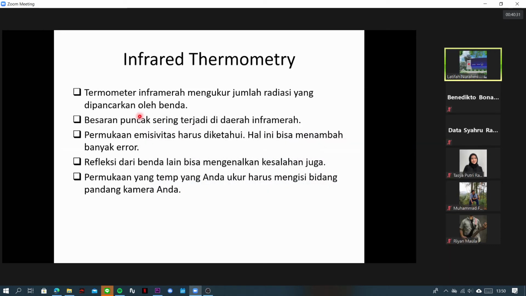The emissivity of the surface should be known first, otherwise we may have more errors. And because we are measuring the radiations from a remote distance, reflections from surroundings may have a big influence.